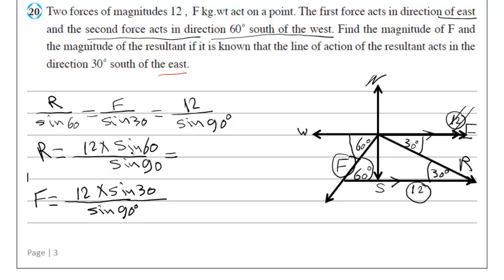Sine 60 equals root 3 over 2, so the result is 6 root 3. Here the result equals 6 kilogram weight.